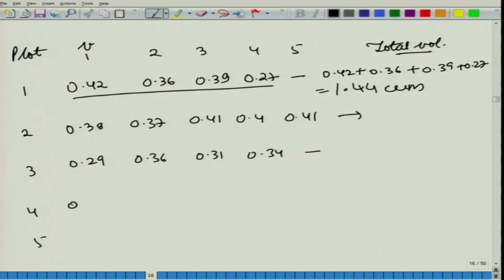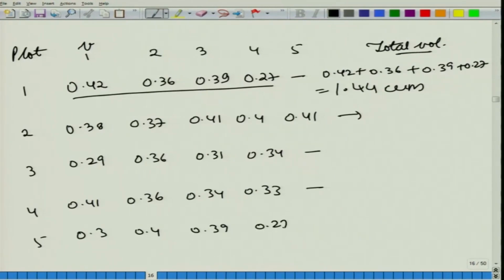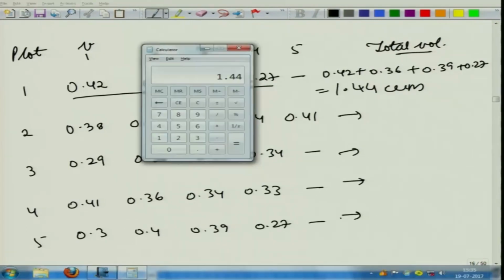Next we have 0.41, 0.36, 0.34, 0.33, and then 0.3, 0.4, 0.39, 0.27 and this does not have any value. So, we can compute the total volumes for each of these sample plots.